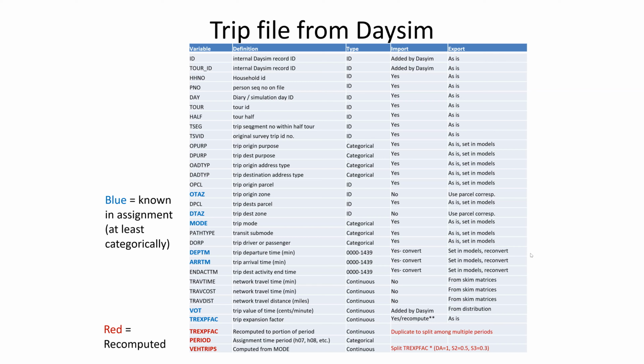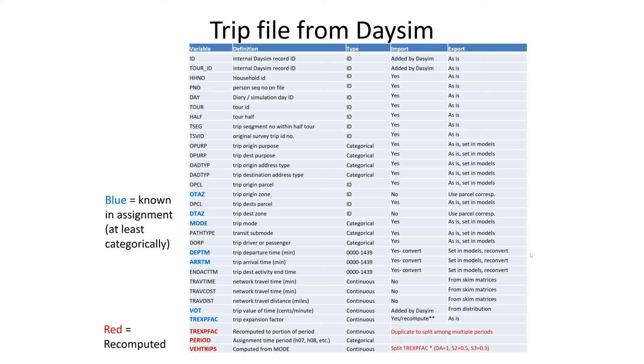And then what we're doing is some little extra computation upon it, which is splitting something that it already does. If a trip straddles time periods, if it starts at say 8:55 and ends at 9:10, it'll assign a third of the trip to the 8 o'clock hour and 2/3 to the 9 o'clock hour.